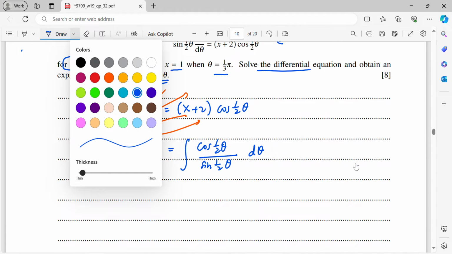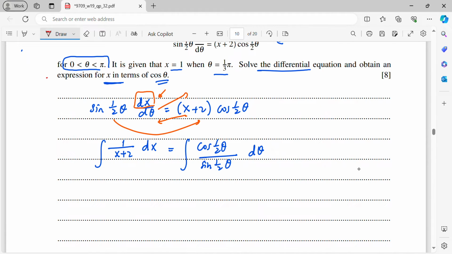Okay, now for your information, to solve both integrations, we need to use the ln formula. We have a formula here. The ln formula is used when the degree of the denominator is 1. Okay, the whole function with degree 1. This is also degree 1.